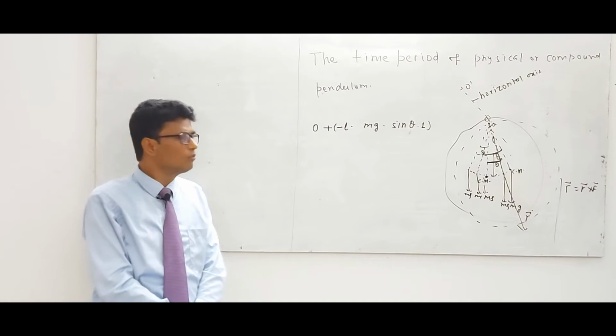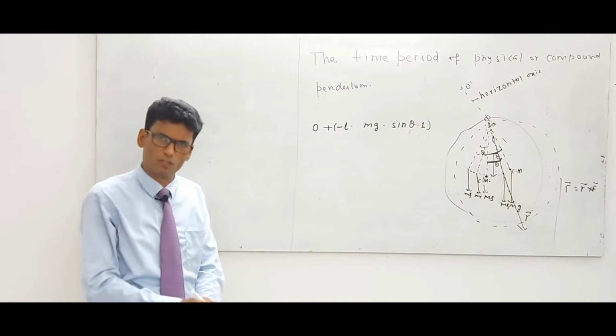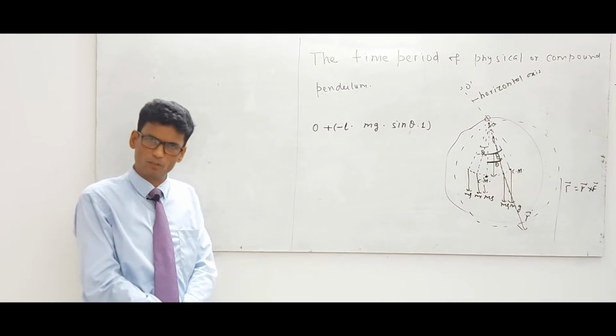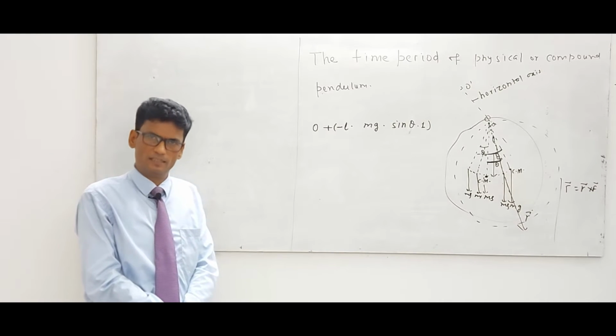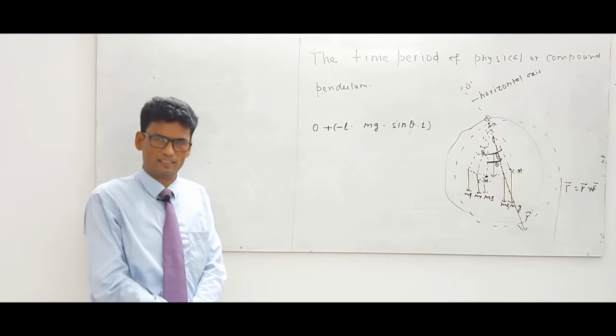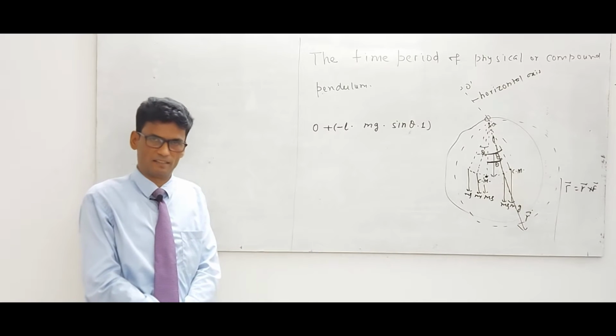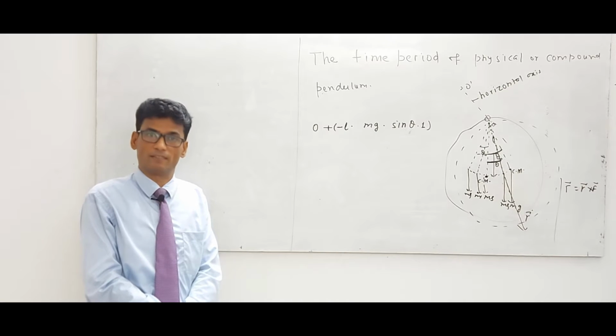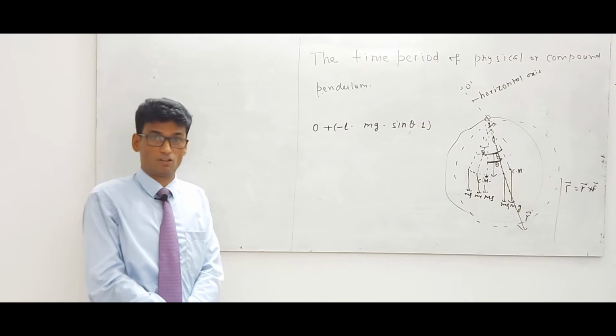As we all know, in most cases, but not in all cases, net torque must be equal to I, the moment of inertia about the same point of suspension, times alpha about the same point of suspension, that is I alpha. Mind you, it is not always the case.